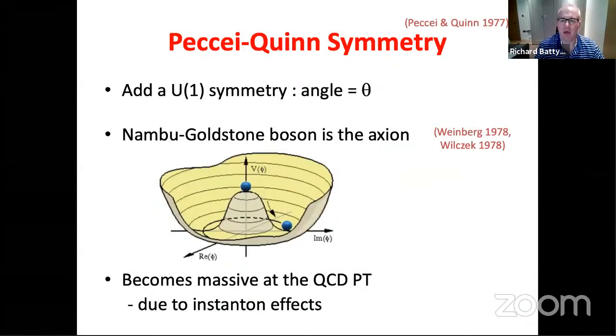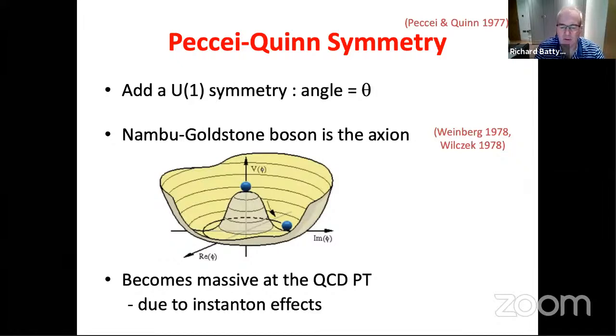Now, there is a solution to this, which is known as Peccei-Quinn symmetry, and that is to make the angle theta a dynamical variable. Associated with that dynamical variable is the possibility of a pseudo Nambu-Goldstone boson predicted by Weinberg and Wilczek in 1978, which is the Goldstone mode associated with the breaking of this symmetry.